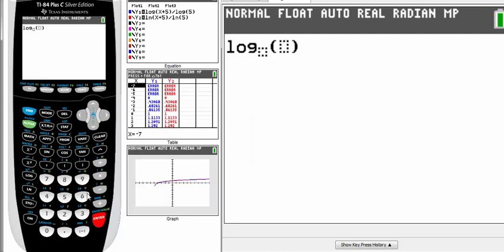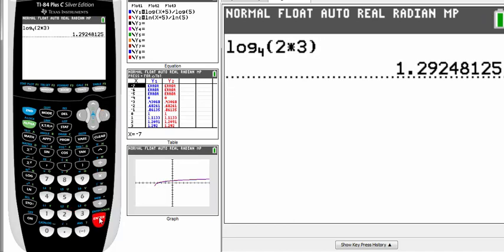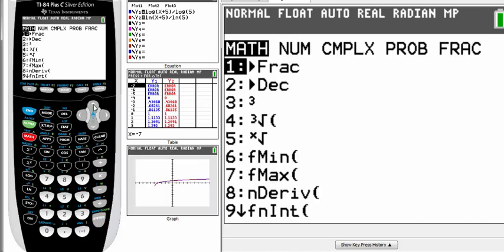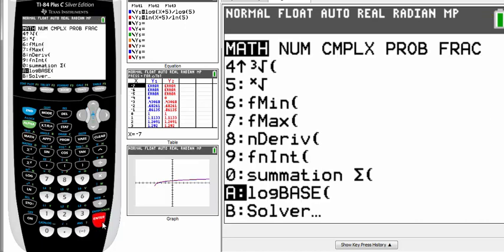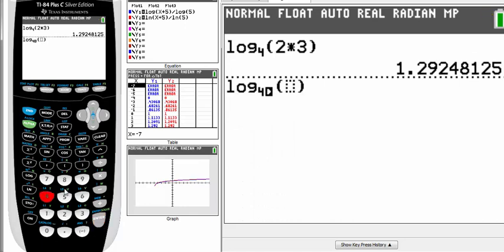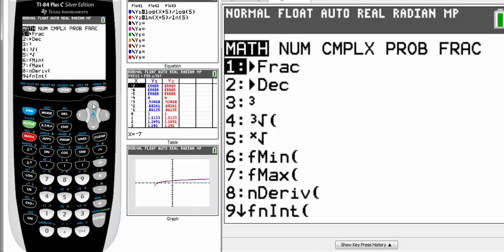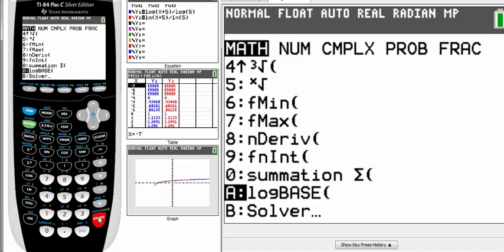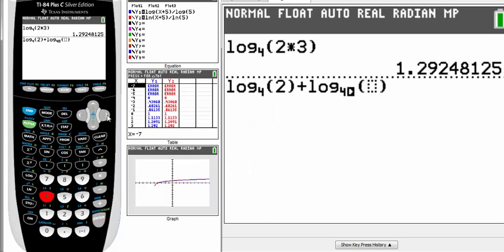So what did we decide? Log base 4 of 2 times 3, I believe it was. So log base 4 of 2 times 3. Okay, so we said that's equivalent to log base 4 of 2 plus log base 4 of 3.